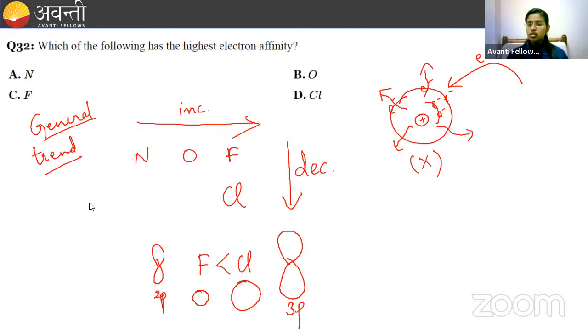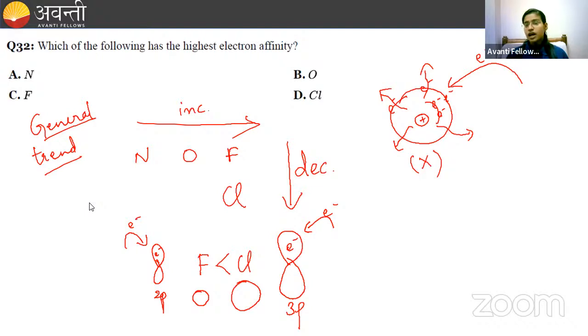So addition of an electron to chlorine will be very easy, with minimum electron-electron repulsion. But if you add an electron to fluorine, some electrons are already there, and due to the small size, more electron-electron repulsion will be there. So adding an electron to fluorine becomes a little more difficult compared to adding an electron to the chlorine 3p orbital.